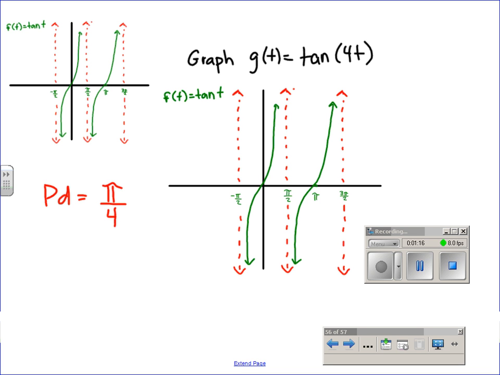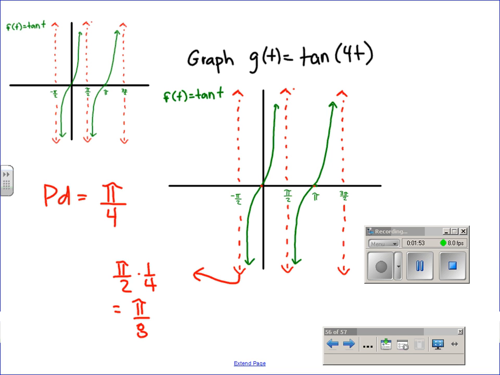So that means that all of these values, our asymptote values and our x-intercepts, are going to change. And so they're also going to change by dividing each of them by 4. So for this one, for example, we have negative pi over 2. And then just like we did when we were trying to figure out our period, we're going to divide it by 4, or multiply by 1/4, giving me pi over 8.